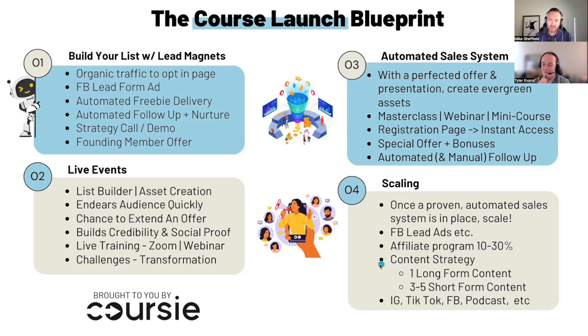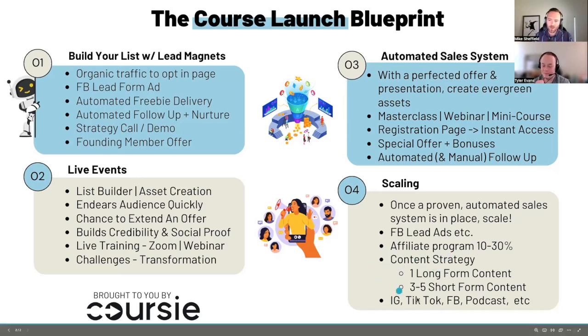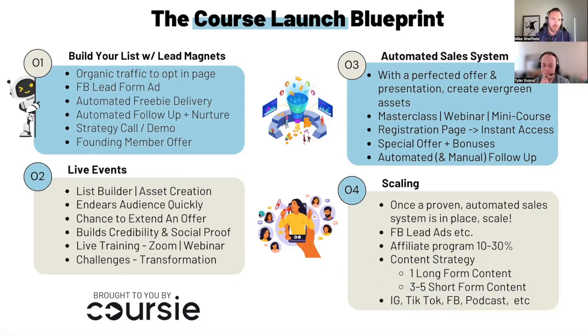And then lastly, I put it here, but really you're right, you should start doing this content strategy whenever you're ready for it. My advice here is to have a content strategy where you make one long form piece of content. In other words, what I like to do is create a long YouTube video, 5 to 8 minutes, where I'm talking about 1 to 3 topics.